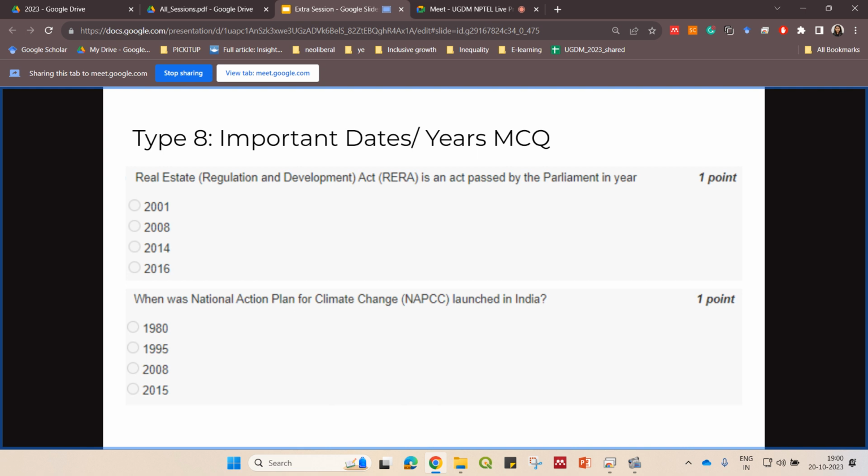Second, when was the National Action Plan on Climate Change, or the NAPCC, launched in India? So again you have to remember key dates.